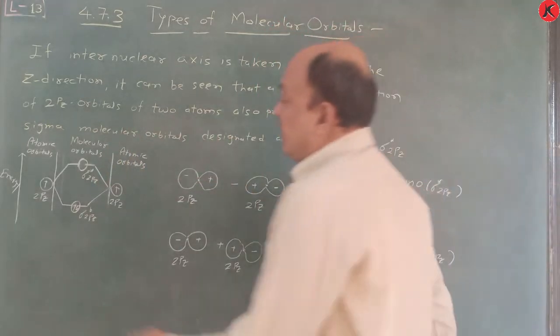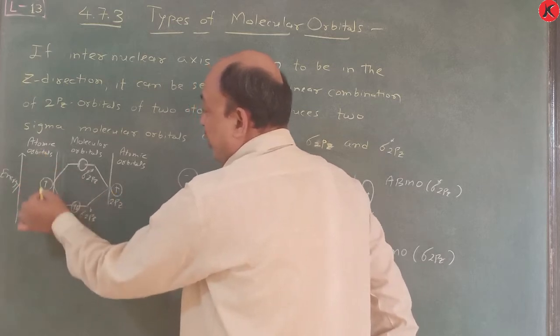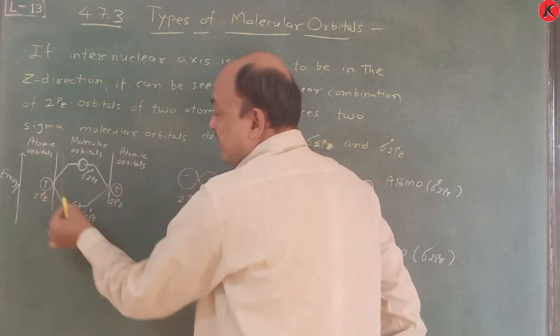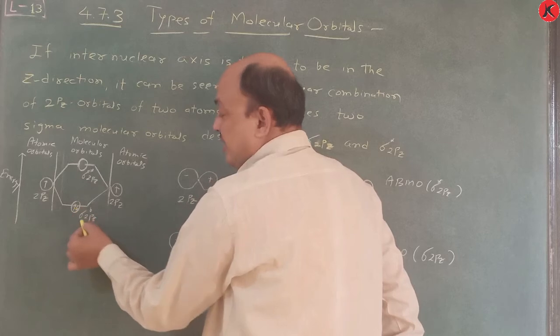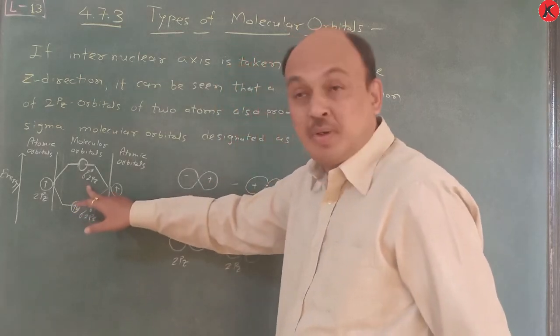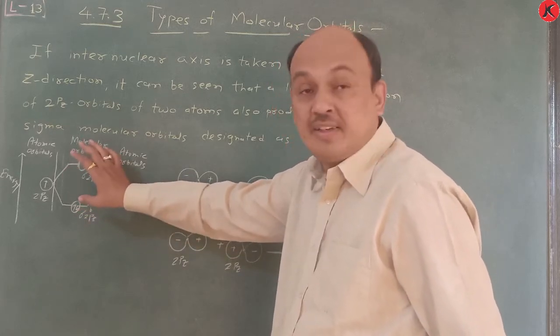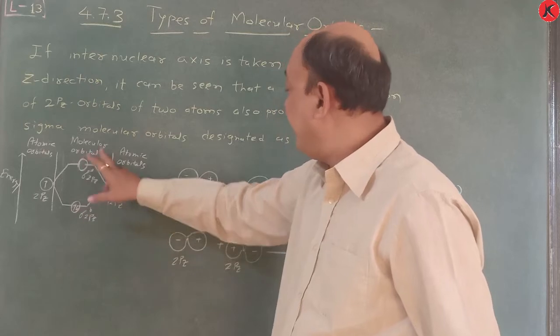Here we have 2pz and 2pz atomic orbitals, and these are the molecular orbitals. Sharing of electrons occurs, giving sigma 2pz bonding and sigma star 2pz anti-bonding, resulting in BMO and ABMO.